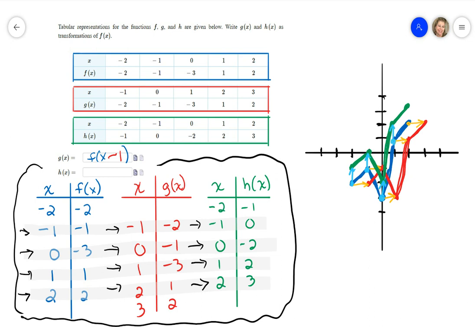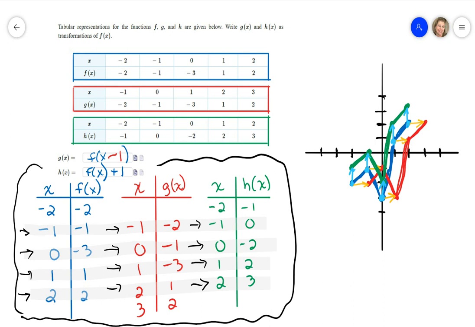Here, up to there. Here, up to there. It's actually going up one. So h of x is f of x, but then add 1 to the y coordinate, and it just moves up 1. I can see it visually when I graph it. I can see what's happening there. So those would be my two answers.